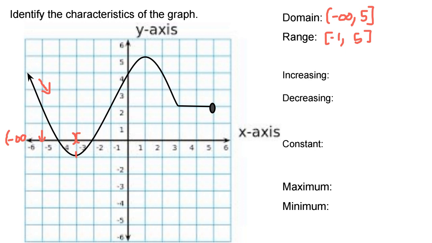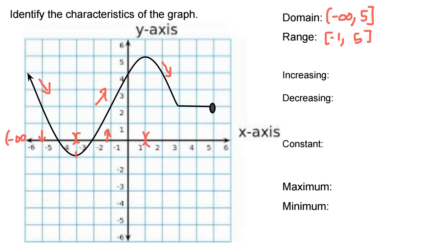From -3 all the way up to this point, which appears to be at 1, that interval, the y values are heading up, so I can say I'm increasing over that interval. And then once I hit 1, it looks like I'm decreasing again. Down here, I'm just outlining what I'm going to do, and it's going to help me write my interval notation.